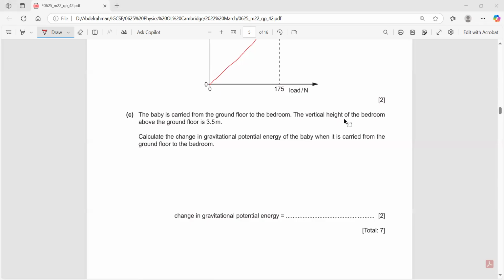You have the mass 8, so 8 times 9.8 times the height, which is 3.5. This is 274.4. 274 joules.